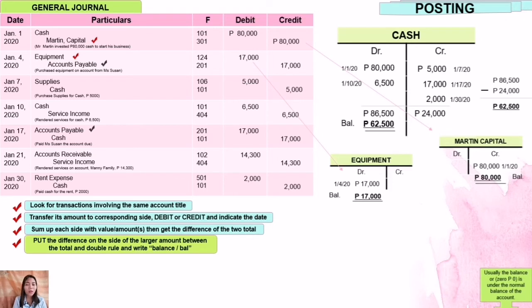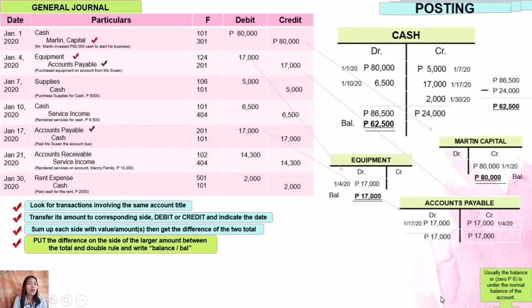Accounts payable, we have two, so here we have credited on the first one, so that's January 4. Then on the second accounts payable, we have January 17 debit. Since we have amounts on each side, then total each side, which is 17,000, the same. Subtracting the two, we have 0.